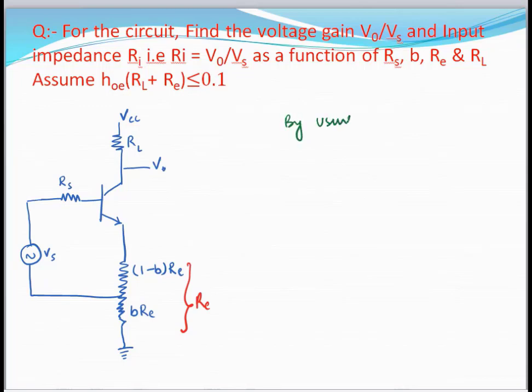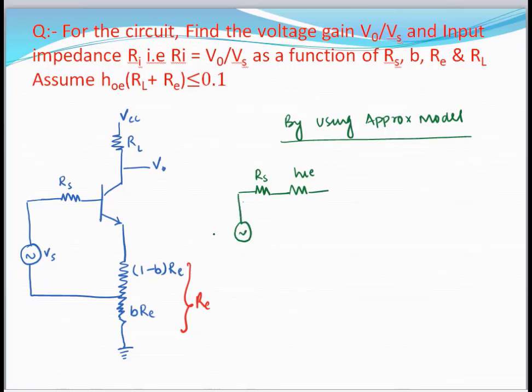So let me draw it. First, this is the source resistance, then hie, and this is the source voltage Vs. There is this part (1 minus B) RE, and this Vs will connect here, and B RE will come here, and this is the ground.